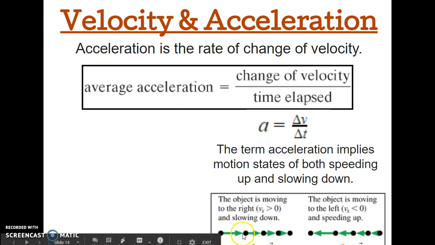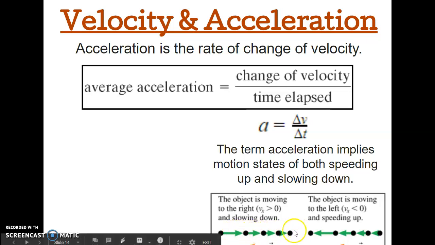What I'm seeing with these green arrows is the velocity, right? Because look, in this 1 second, it covered quite a bit of distance. And then in the next second, it covered a little bit less. So it's got a little bit less velocity. And then the very next second, it's going even less and even less. So it's slowing down, this object.